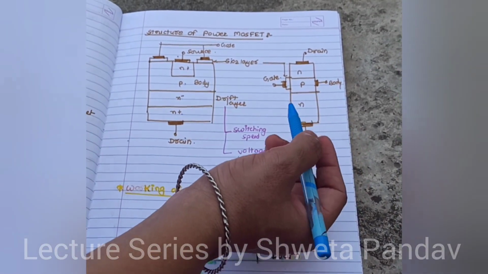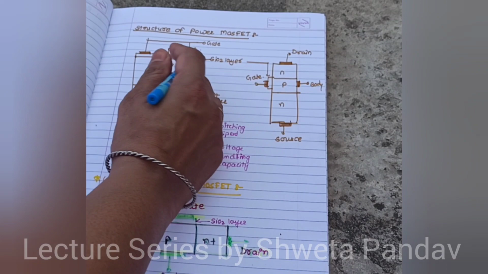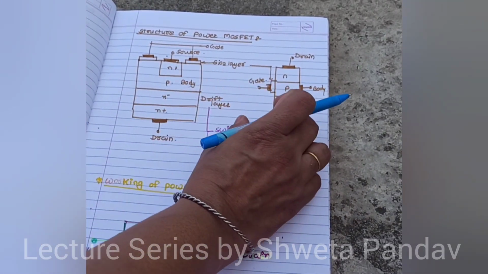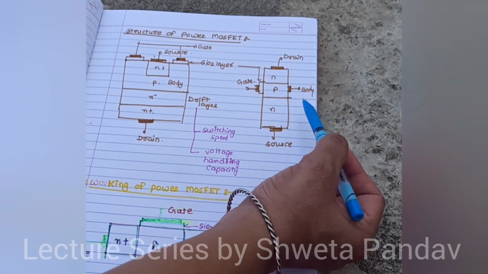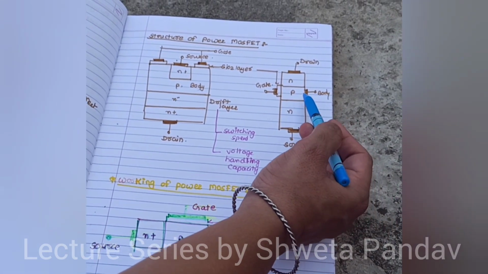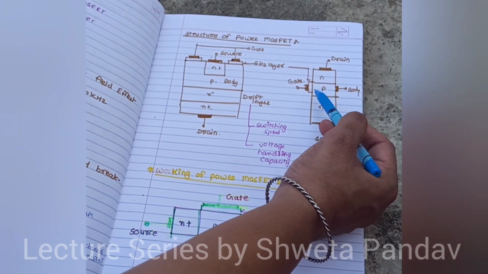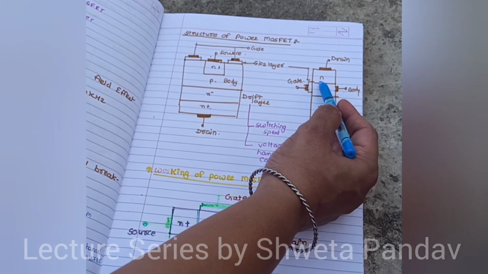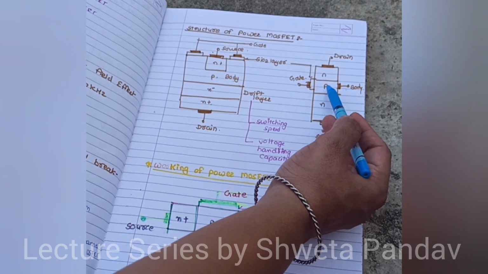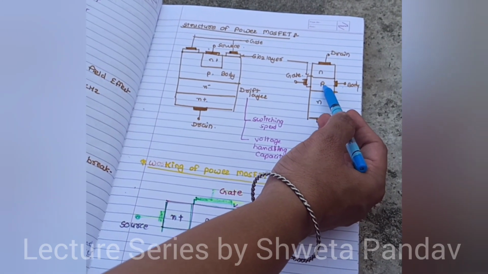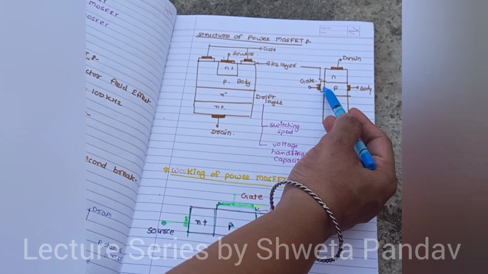If I shorten this diagram, N is connected to drain, N is connected to source, the P side is called the body, and between N and P there is the gate terminal, and between the gate terminal and the P channel we have one more layer of SiO2.